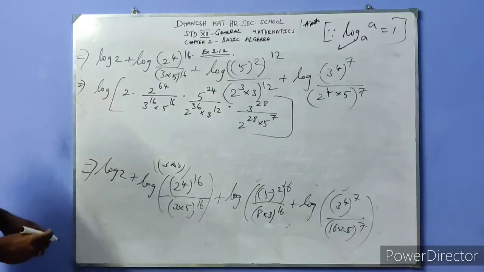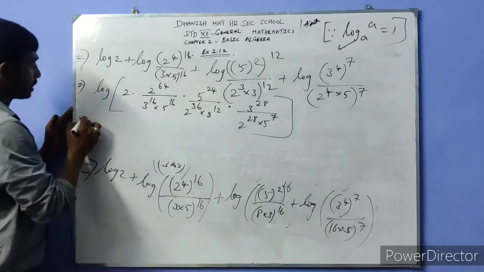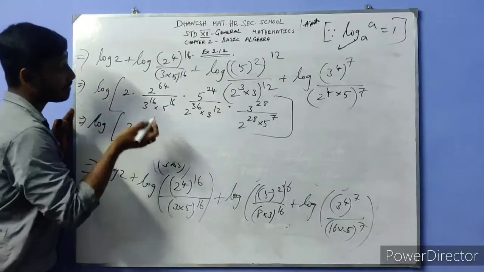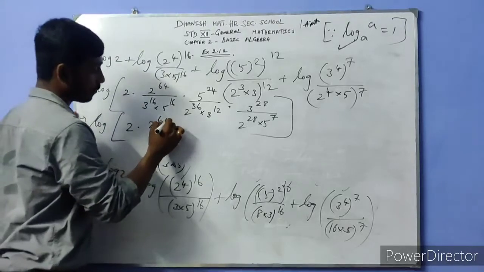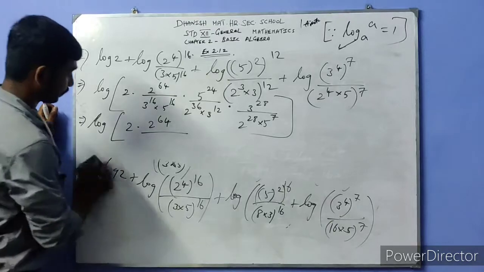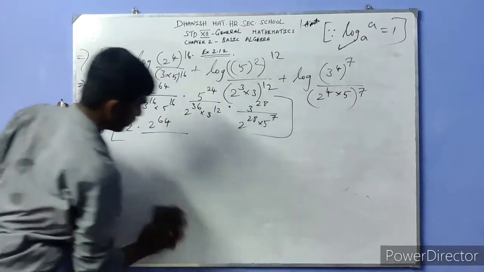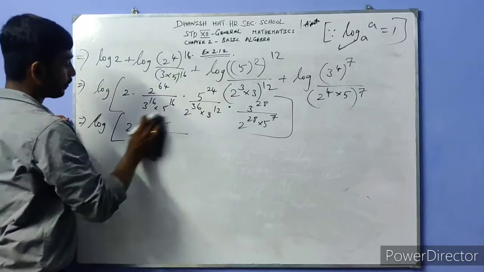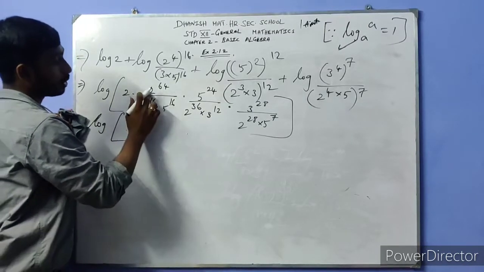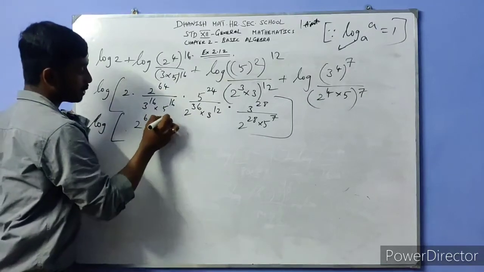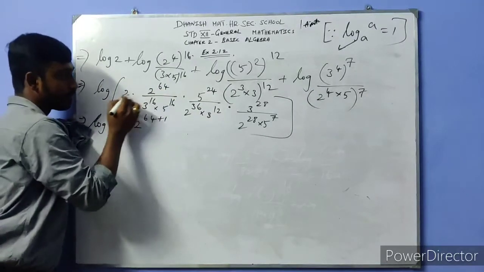Now we are adding the powers here. Same values are getting here. 2 power of 64 divided by, here in the denominator, 2 power of 1 plus 64 plus 1, because this value will be the same here.